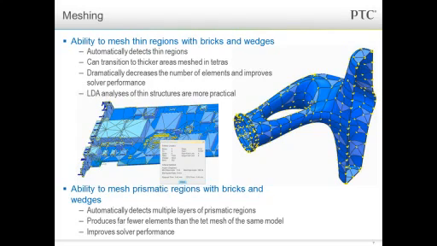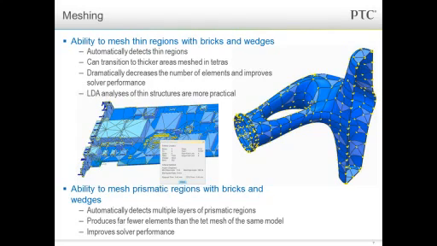Now you also have an ability to mesh prismatic regions with bricks and wedges. Earlier it used to be like, hey, you can use tetra and wedge, or big tetra and wedge. Okay, you could not just go and say make this brick, right? So you have options right now which will help you. Say if you have a square part, it will just make a brick out of it.